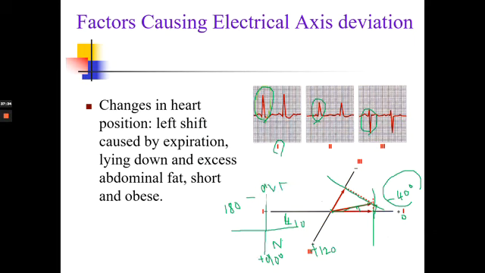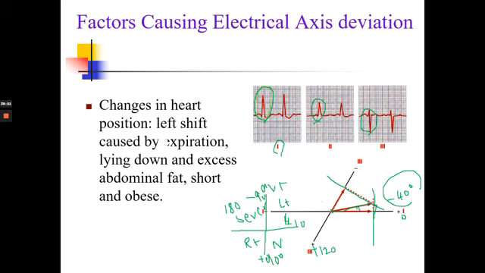This is minus 90 degrees, and this is right axis deviation. Here is left axis deviation, here severe left or right. Remember this. So as you see here, this is a left axis deviation.